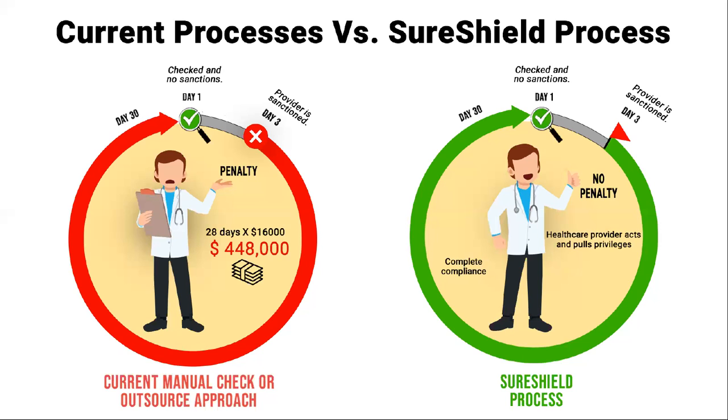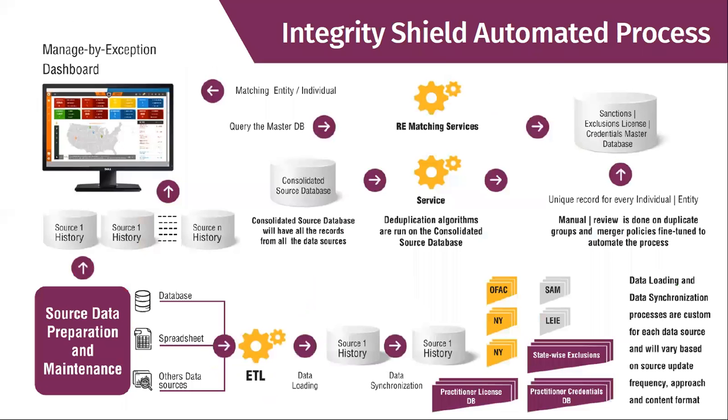And on day three, because we are doing this automated nightly ping and comparison, if that provider showed up, you would know on day three that that provider or entity was on there, and you could have taken immediate action to prevent any further issue.